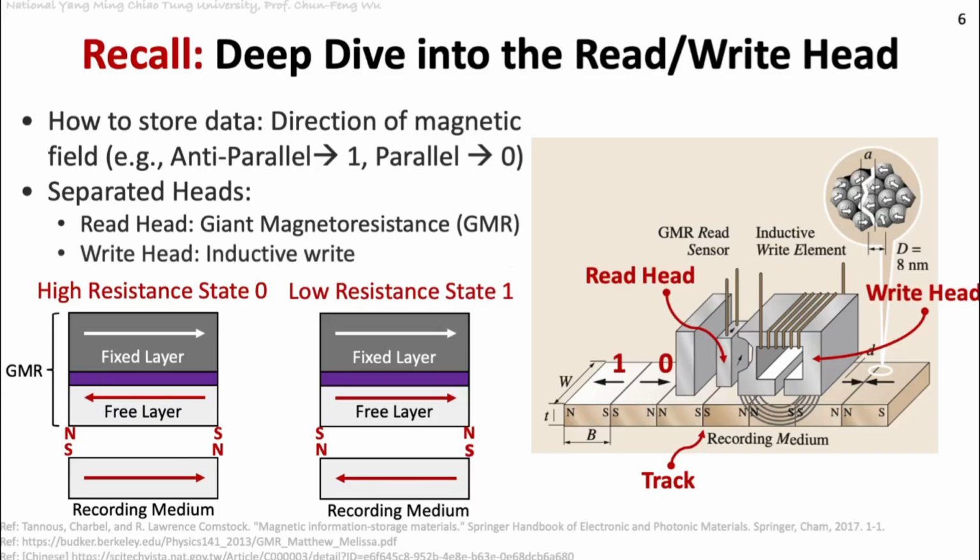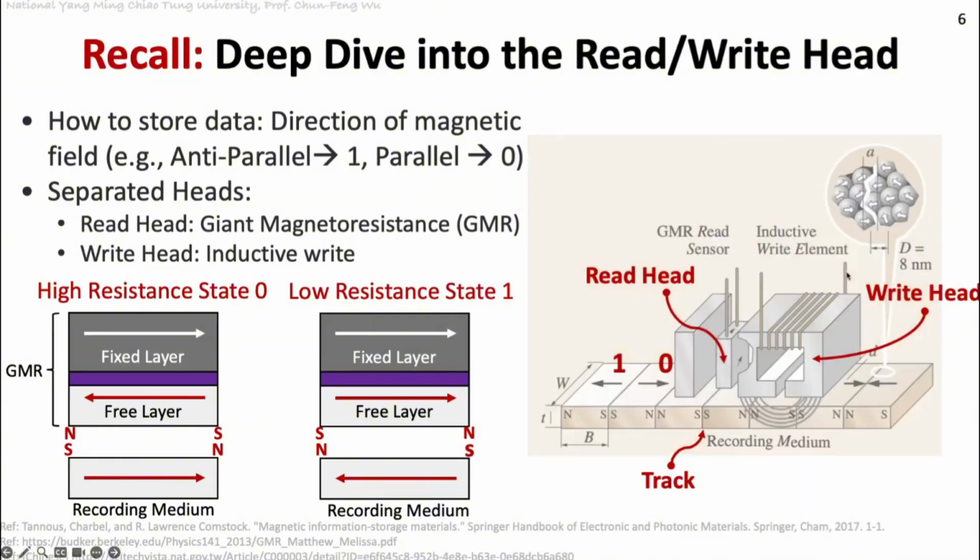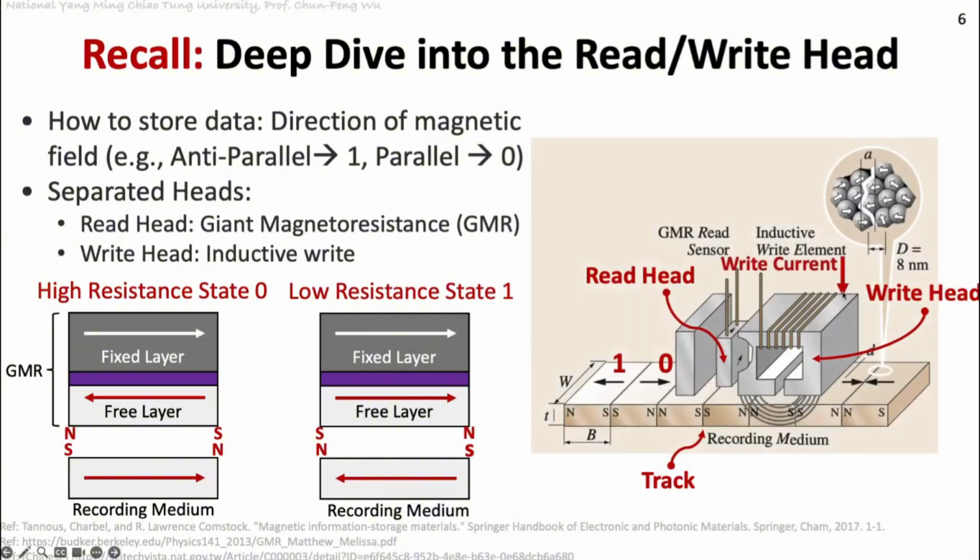And the write head is using the inductive write. I think you already know this from junior high or senior high school. Given an electron, when the electron moves through the wire here, there is a magnetic field. The magnetic field can change the magnetic field on the recorded medium.